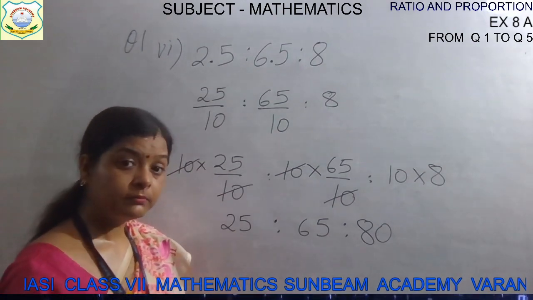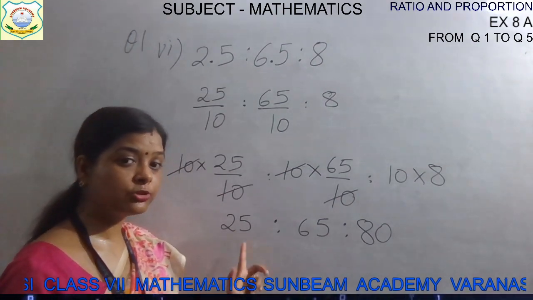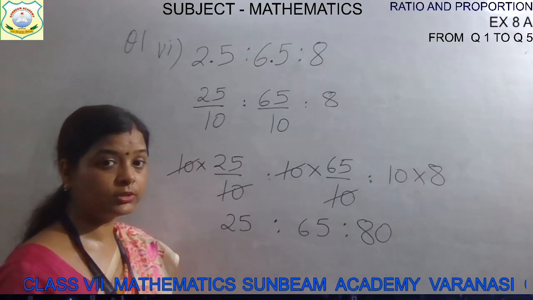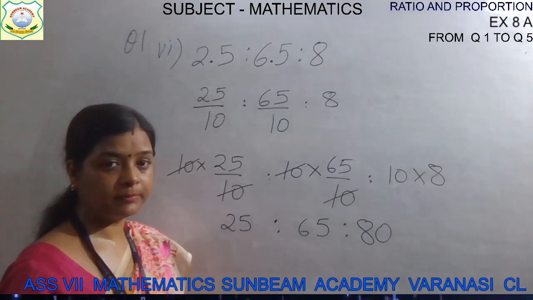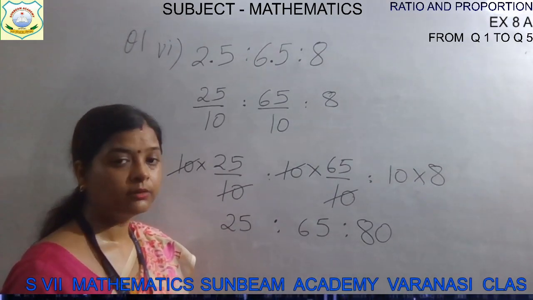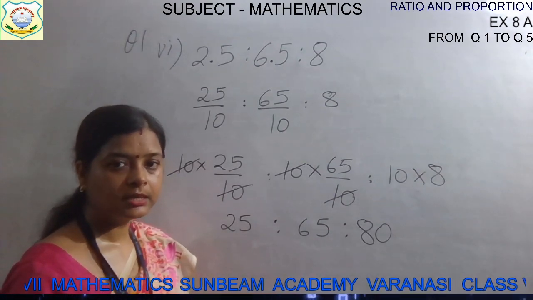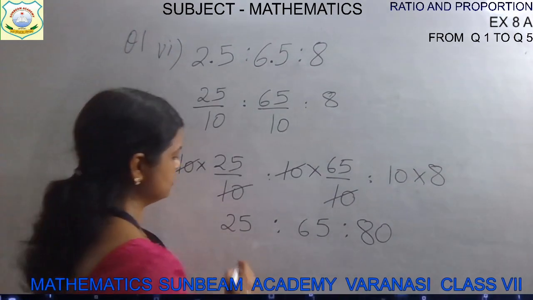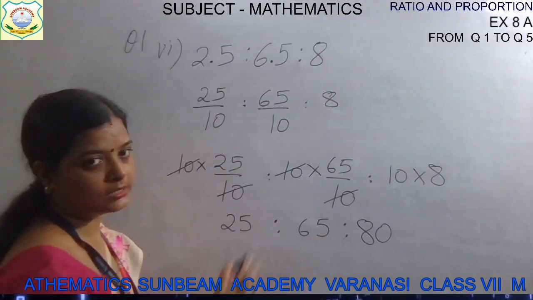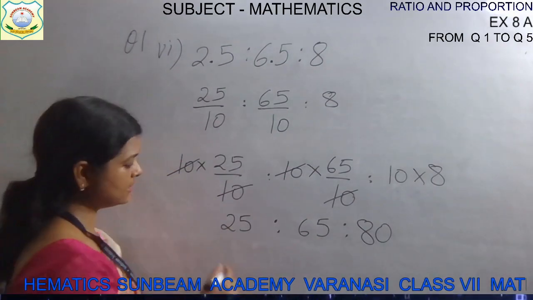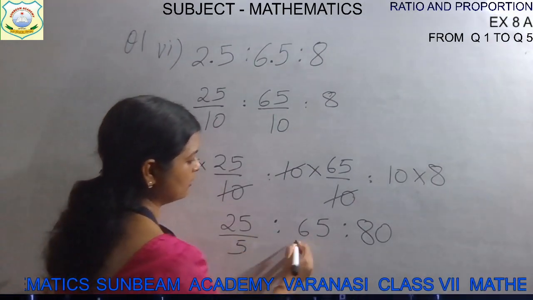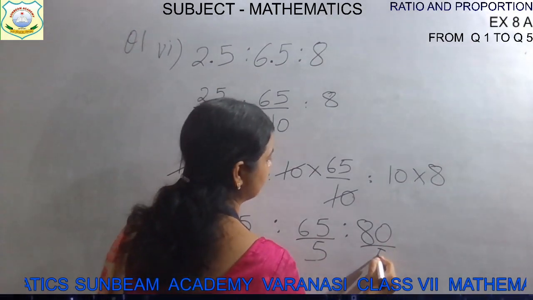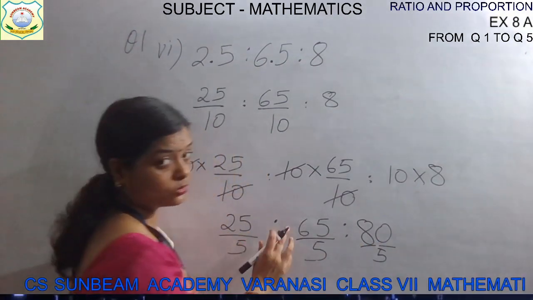Which number should I divide all the three by so that it is converted into simplest form? It is 5. So, dividing all the three by their HCF, write down this, divided by 5, 5 and 5. Children, please write down the statements also.